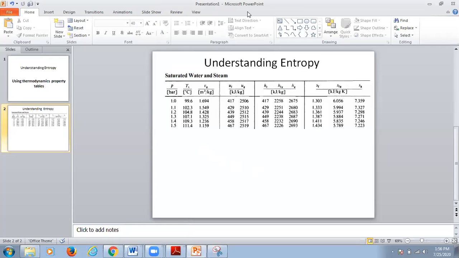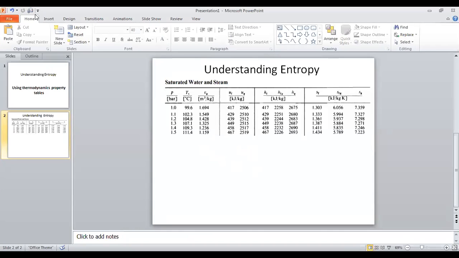Hope you can see this slide. Today we are talking about understanding entropy.